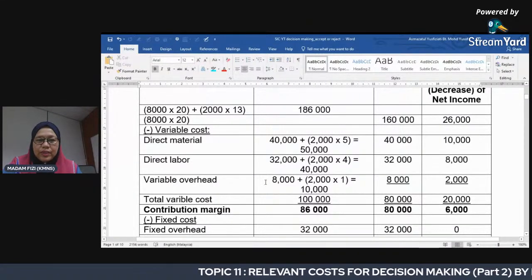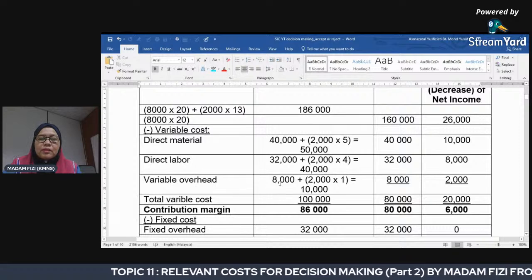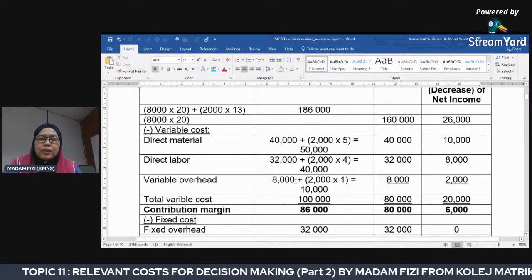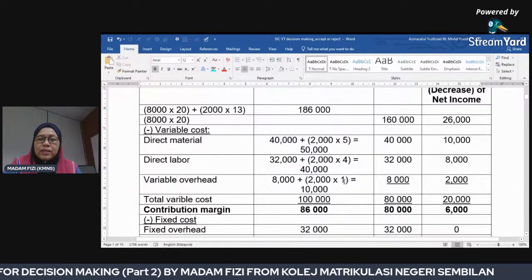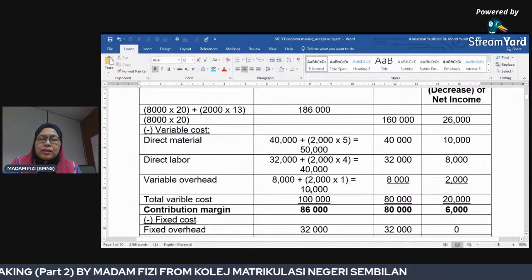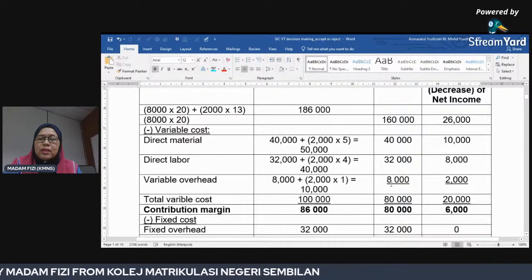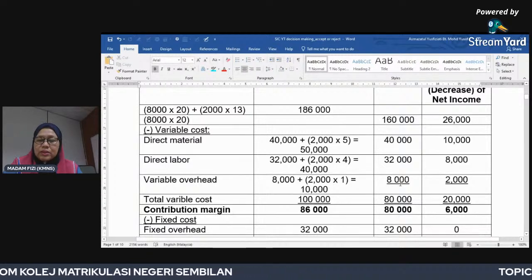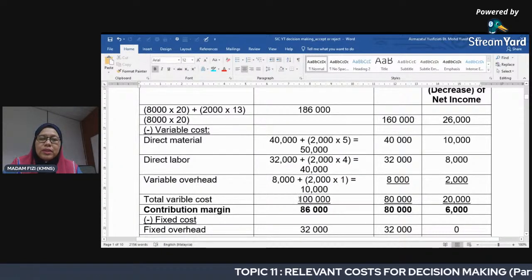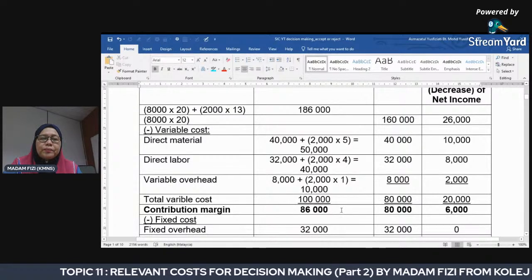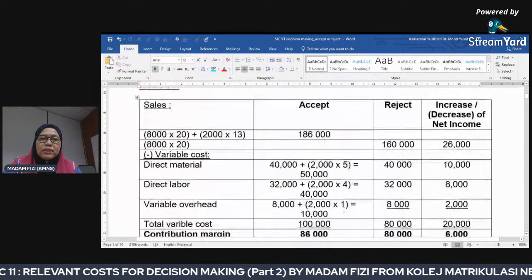For variable overhead, awak tambahkan 2,000 multiply by RM1. So you get 10,000, and for reject is 8,000. So the difference is 2,000. So the total variable cost for accept is 100,000. For reject is 80,000.